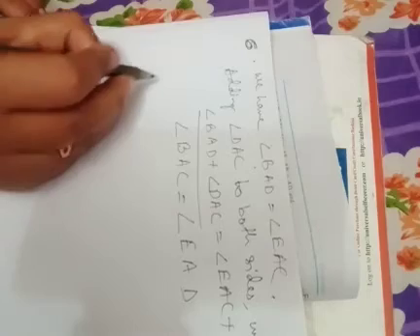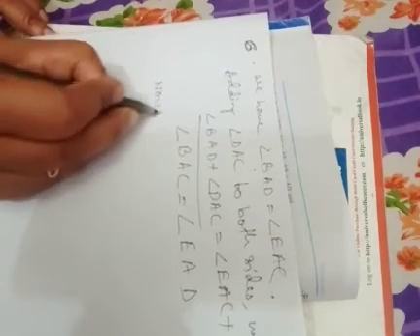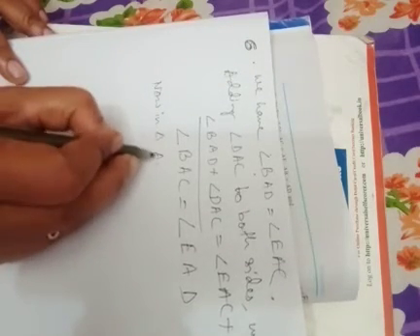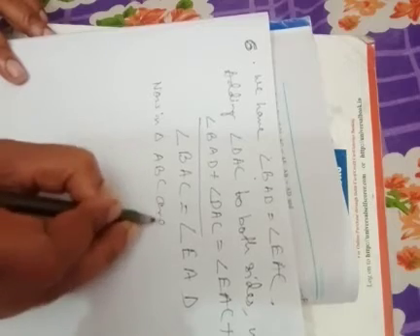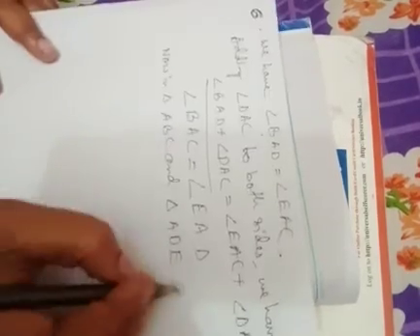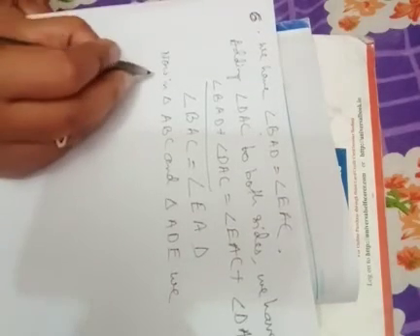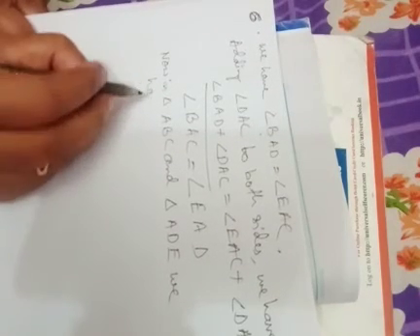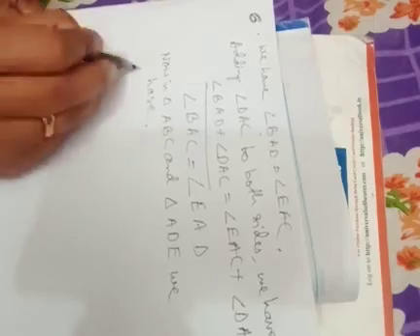Now in triangle ABC and triangle EAD, whatever you find similar, write down.